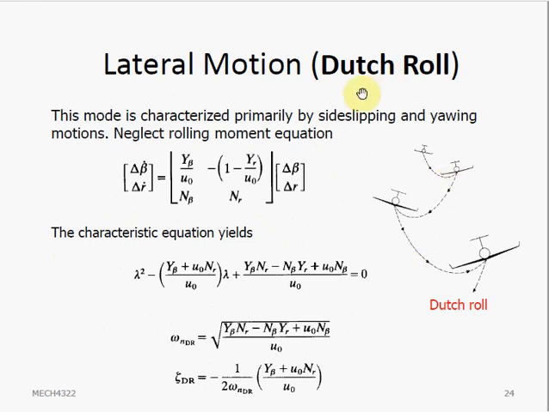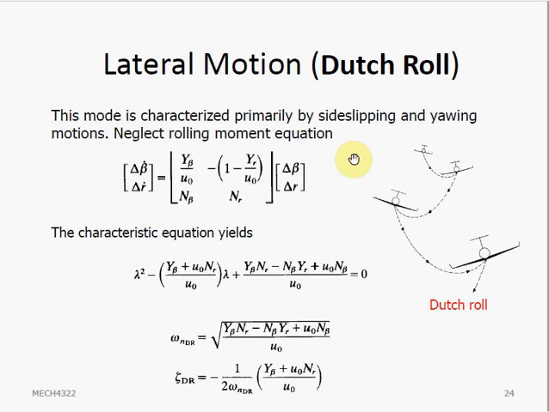So now let's discuss the Dutch roll approximation. Dutch roll motion can be approximated in several ways. The actual Dutch roll motion is truly a 3 degree of freedom motion with a very strong coupling between all the motions: the yawing, the rolling, and the side slipping.